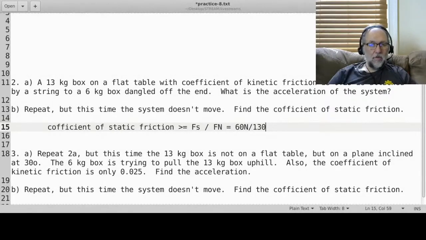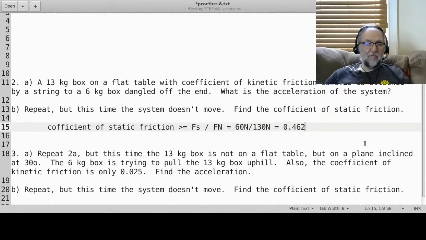So this is going to equal 60 divided by 130, which is this number right here, rounding it off. So there's the coefficient of static friction.